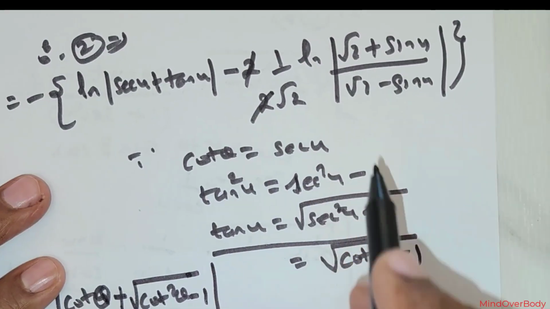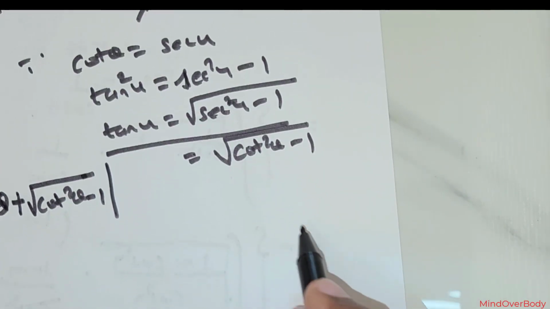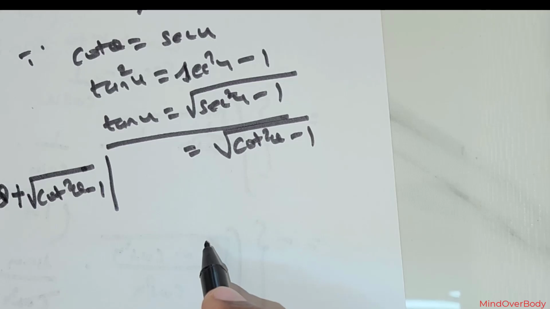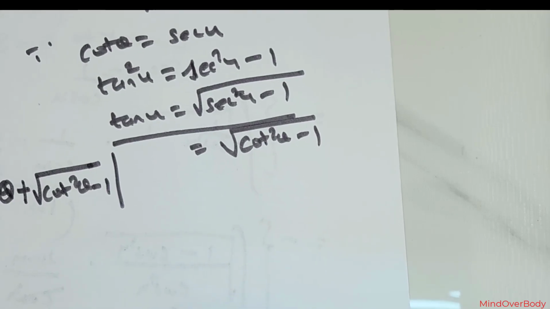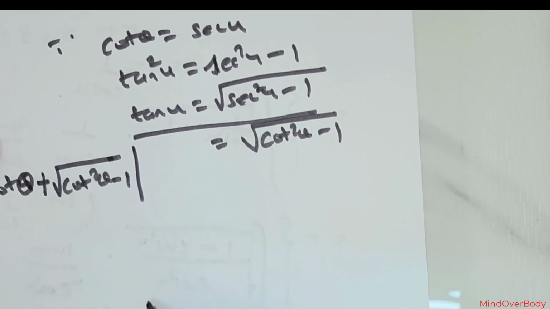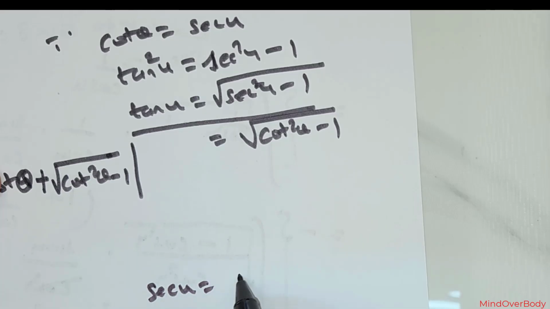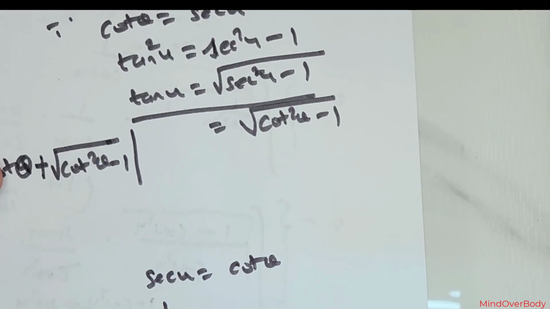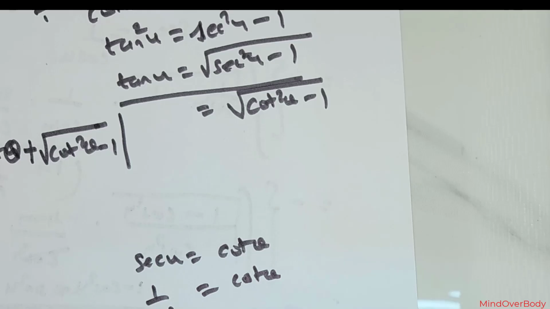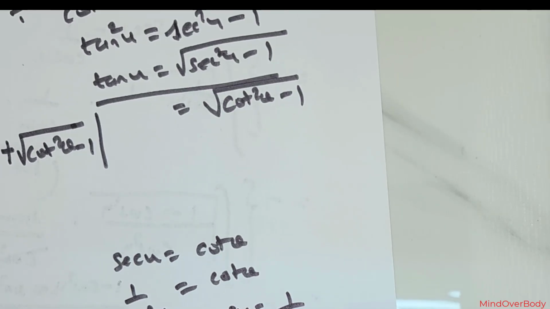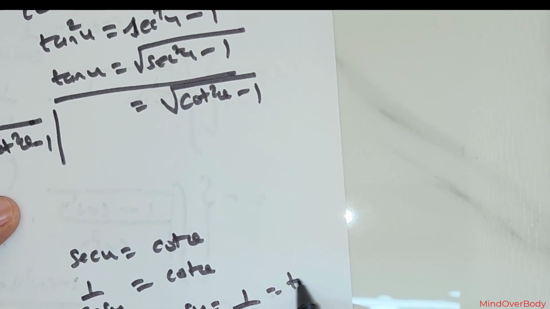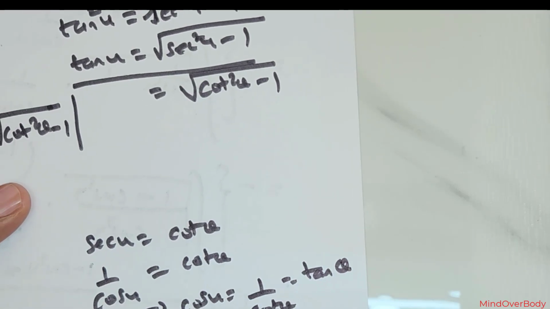Now we have to handle this part. We have to handle the sine. We have to get a substitution for sine. So how do we get that? All we have is sec u is equal to cot θ. Now from here, 1 over cos u is equal to cot θ. So I can write cos u is equal to 1 over cot θ. 1 over cot θ is tan θ.